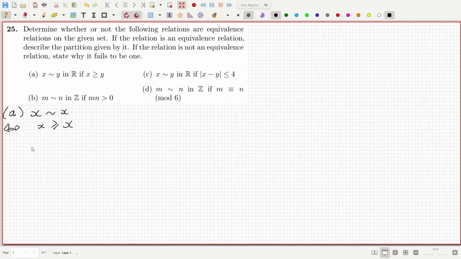Now for symmetry: x equivalent to y is the same as saying x is greater than or equal to y, but y equivalent to x is the same as saying y is greater than or equal to x, and they're only the same thing if x equals y, so it fails symmetry, so no good for that one.